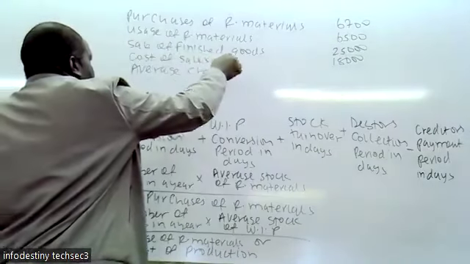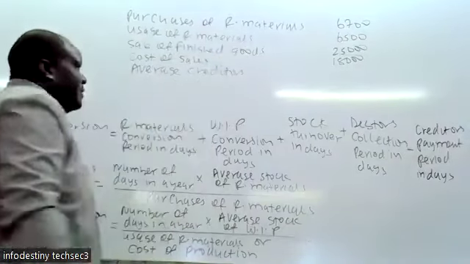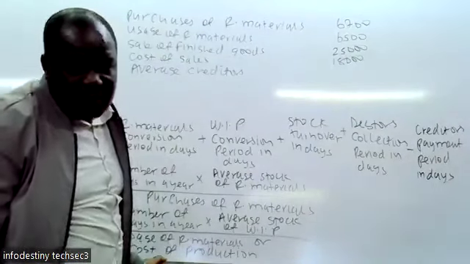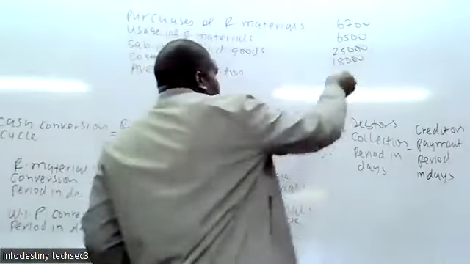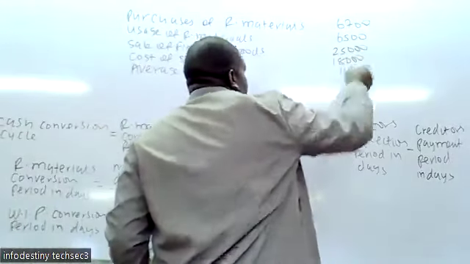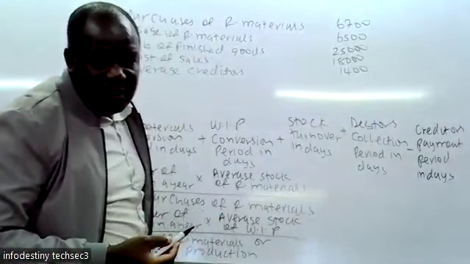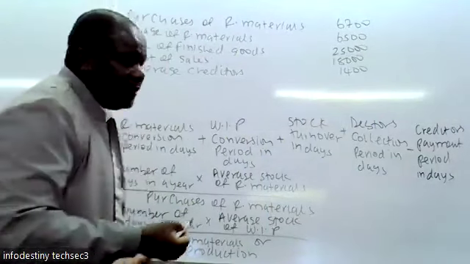The next one is supposed to be average creditors. So average creditors, it is 1,400. The next one is average stock of the raw materials.